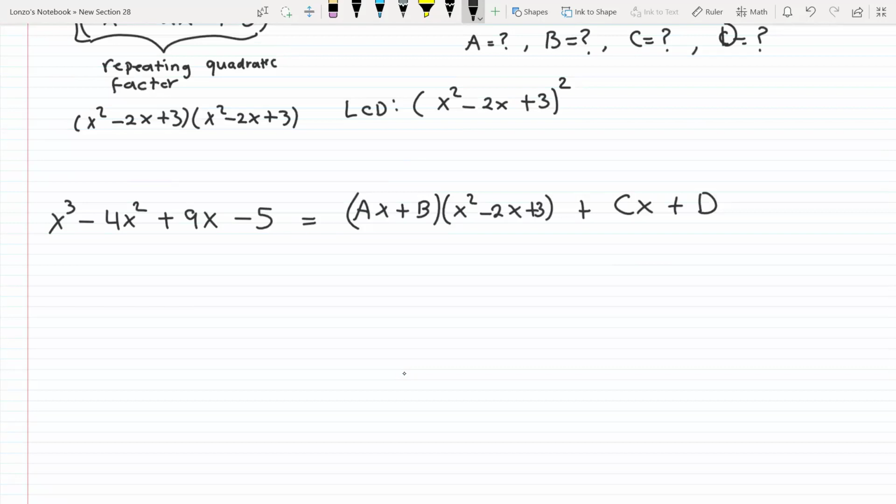Okay, so how we're going to find this is, first I'm going to FOIL it out and then collect like terms, and then I'm going to line it up with the left side. So ax times x squared is ax cubed. Ax times negative 2x is negative 2ax squared. Ax times 3 is 3ax.